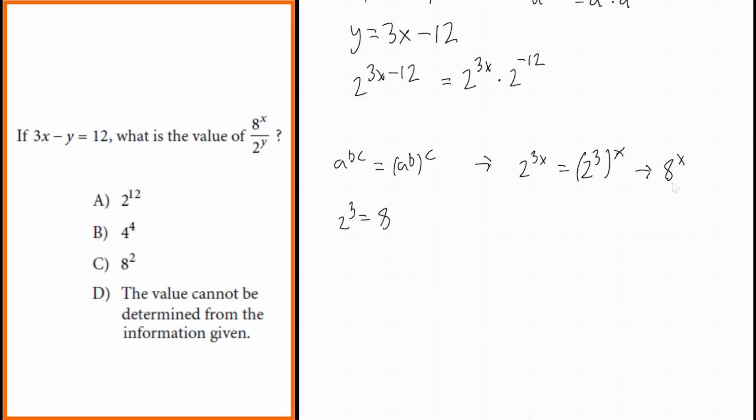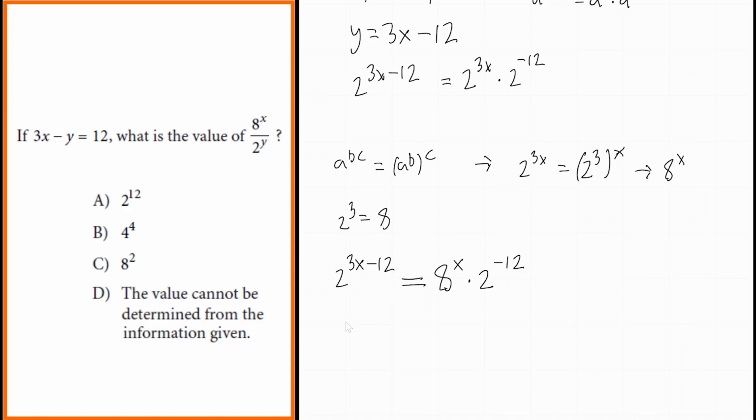So what we end up having here is that this value, 2 to the power of 3x minus 12, is actually the same thing as 8 to the x times 2 to the negative 12.